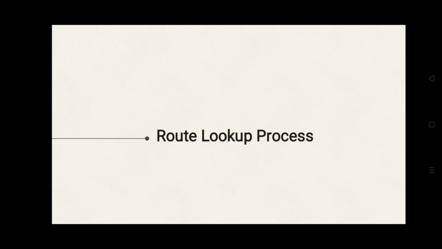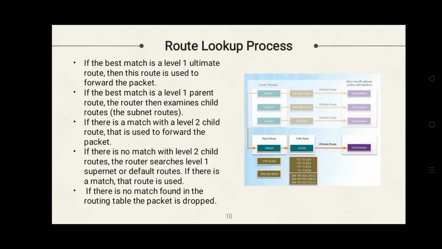So what happens when I get something in is that I get a packet with an IP address. I look at the network part of the IP address, and then I start looking into my routing table. So if I have a match on my level 1 ultimate route, well, then this is used.